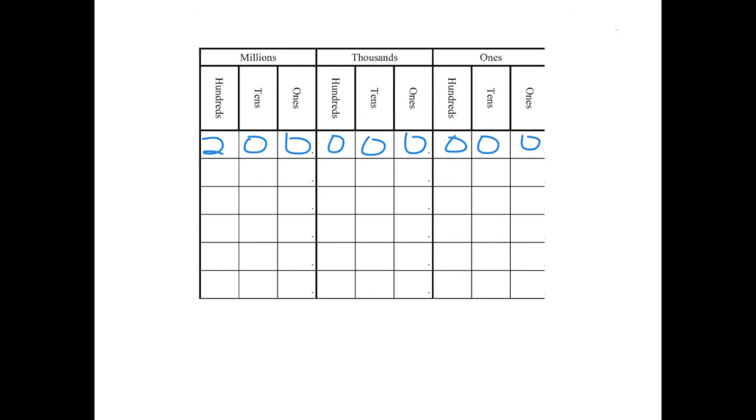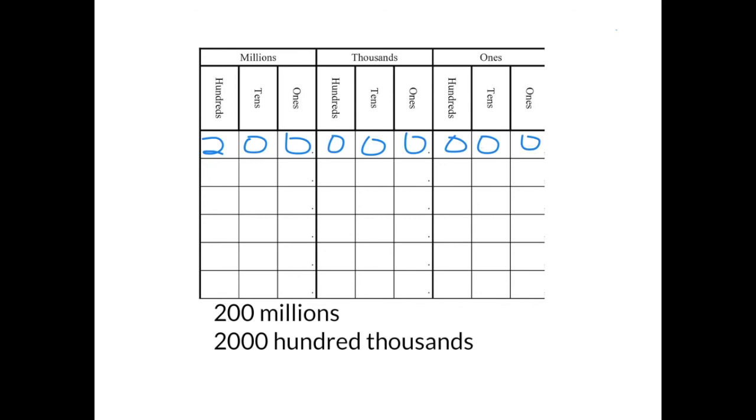I'm going to write down a simple number. What is this? 200 million. How many other ways can we say this number? If it's not just 200 million, how else can we say this? 200 millions can also be considered as 2,000 hundred thousands. Can you see that? Here is 2,000. Remember, we've got 3 zeros. 2,000. And what place is this?